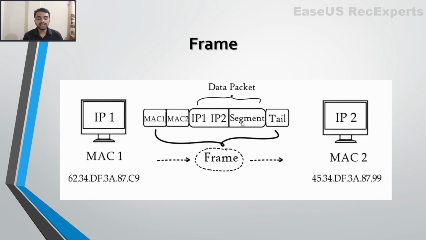The segment is mainly the data portion, and the source and destination IP address binding is called a data packet. After that, when it comes to the data link layer, it also adds some extra values, the source and destination MAC addresses and their packet information. All of our combination is called a frame.